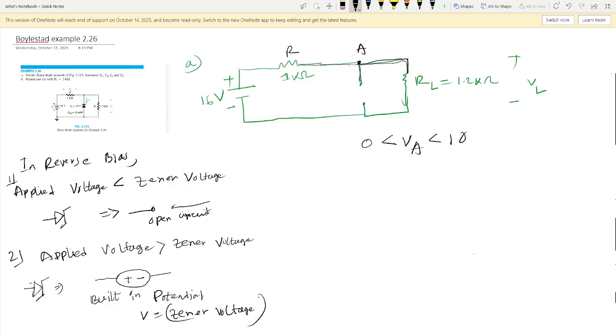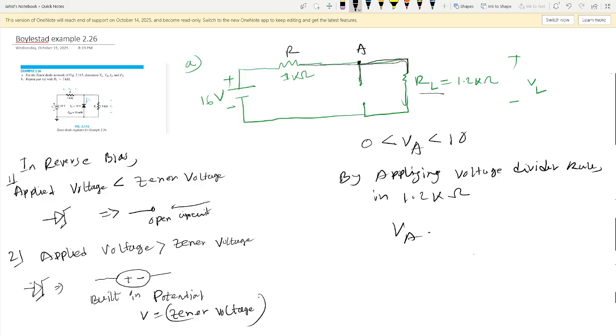So by applying the voltage divider rule, in the 1.2 kilo ohm load resistance, we can say that VA equals 1.2 times 16 divided by 1.2 plus 1 kilo ohm.